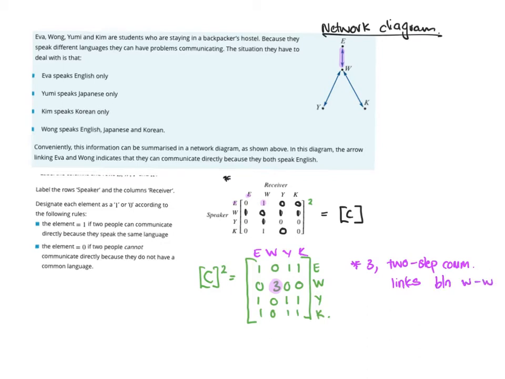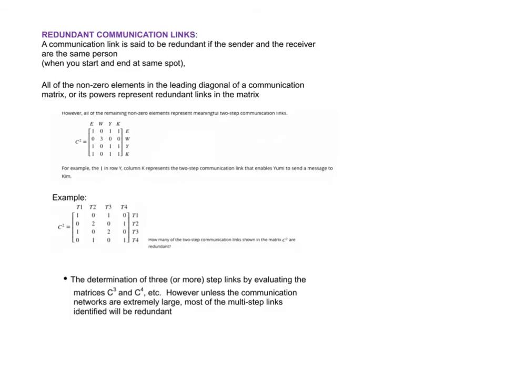So if you have a look, where's these 3? Well, there you go. Here's 1. So 1, 2, and 3. That would be your 3 two-step communication links between Wong and Wong.